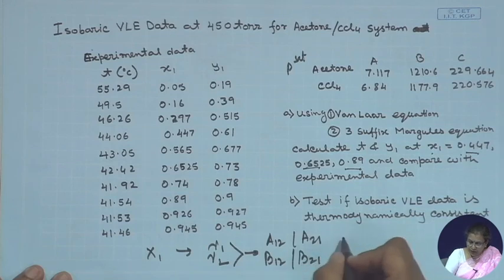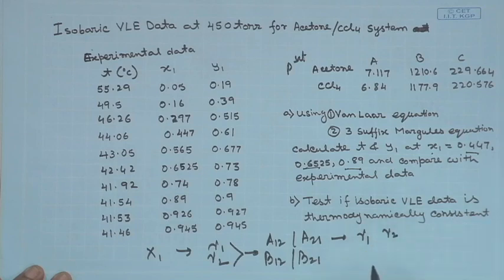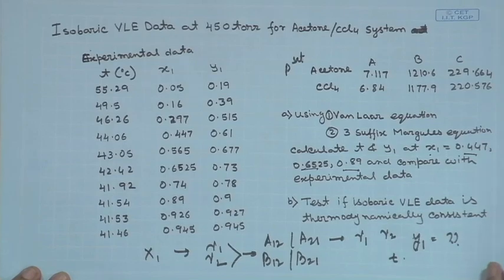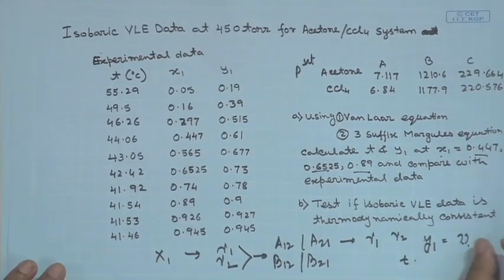Once this is available, you can find gamma 1 and gamma 2 for any particular condition, and from there you can find y1. Once you know y1, you know everything; you can find the temperature, and you are supposed to compare with experimental data and find out how accurate it is.